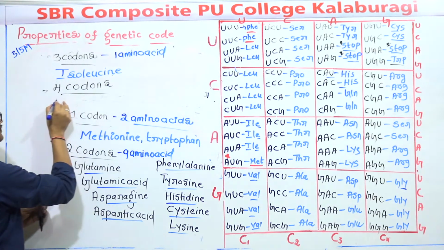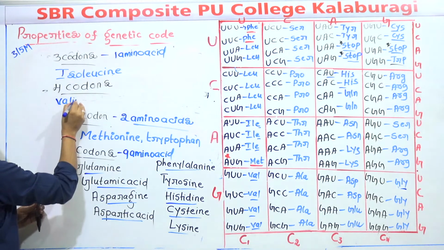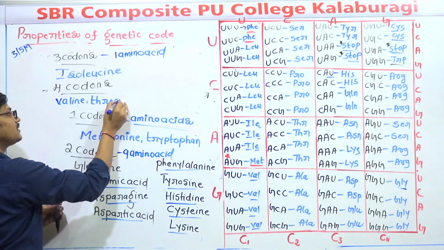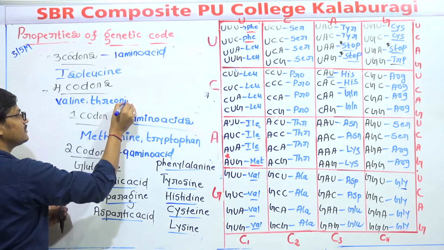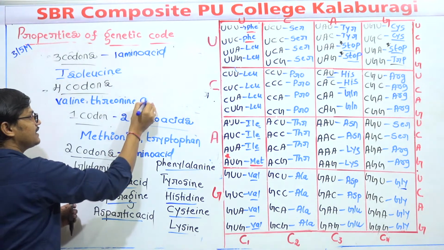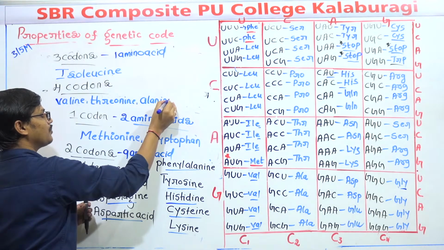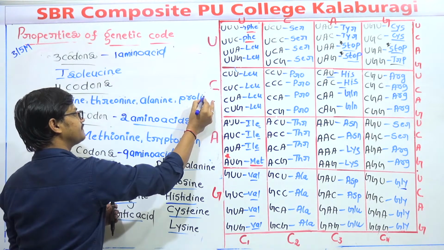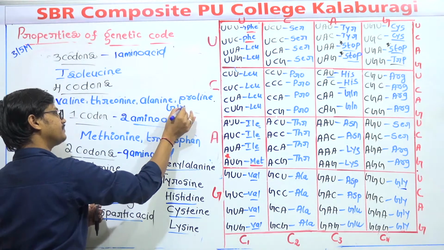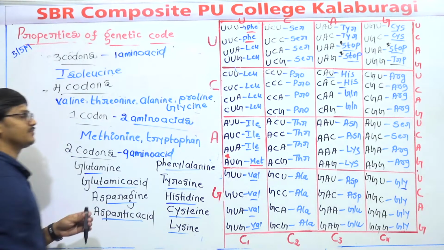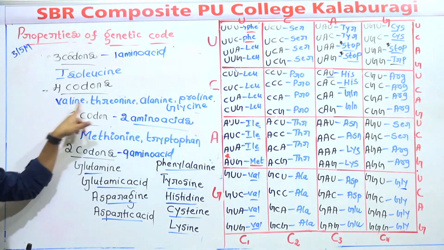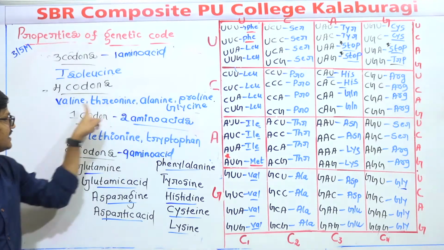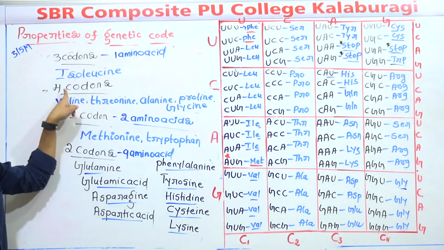Here I am writing valine, threonine, alanine, proline, and glycine. So valine, threonine, alanine, proline, glycine, these are having how many codons? 4 codons.